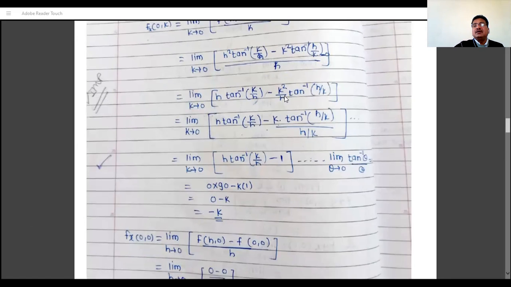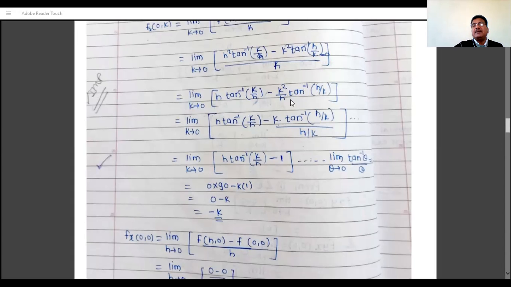So write this k square by h as k divided by, that is, shift the k square, k in the denominator. So we have k by h by k, or divide by h by k. So we have k into tan inverse h by k divided by h.